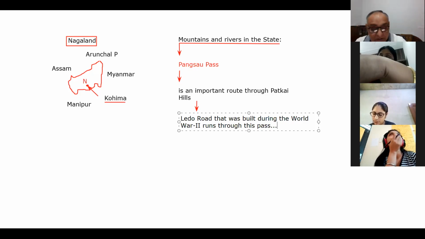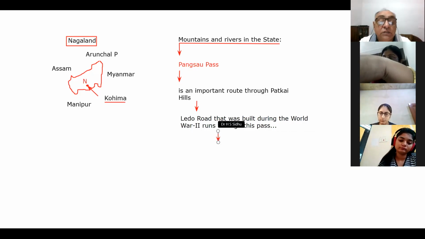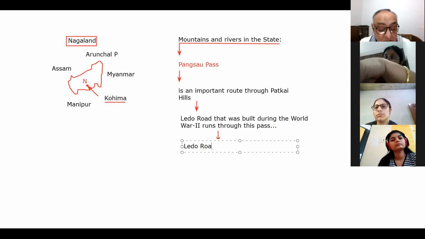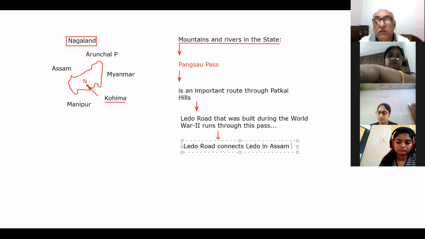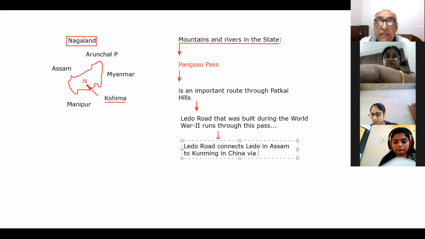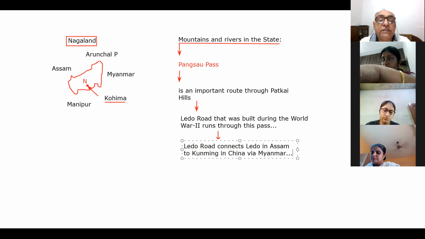So the Lido Road connects Lido in Assam, this is the name of a place, to Kunming in China via Myanmar.